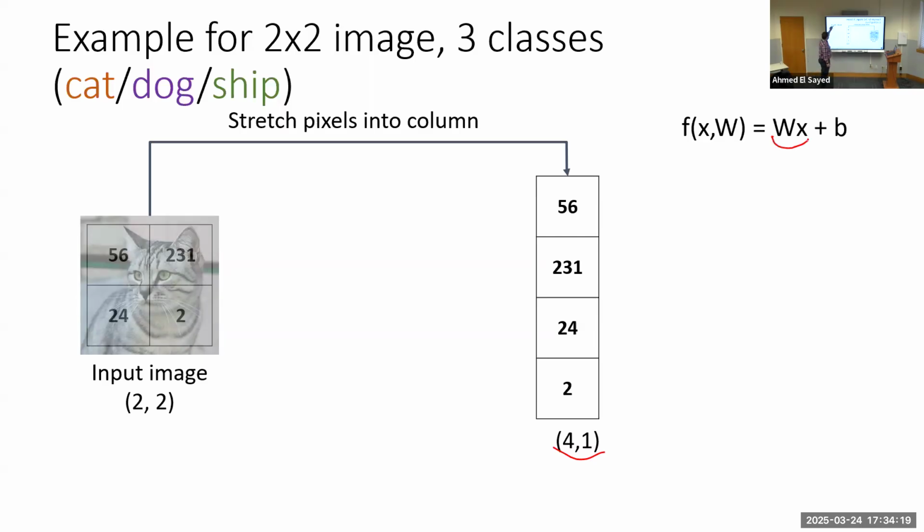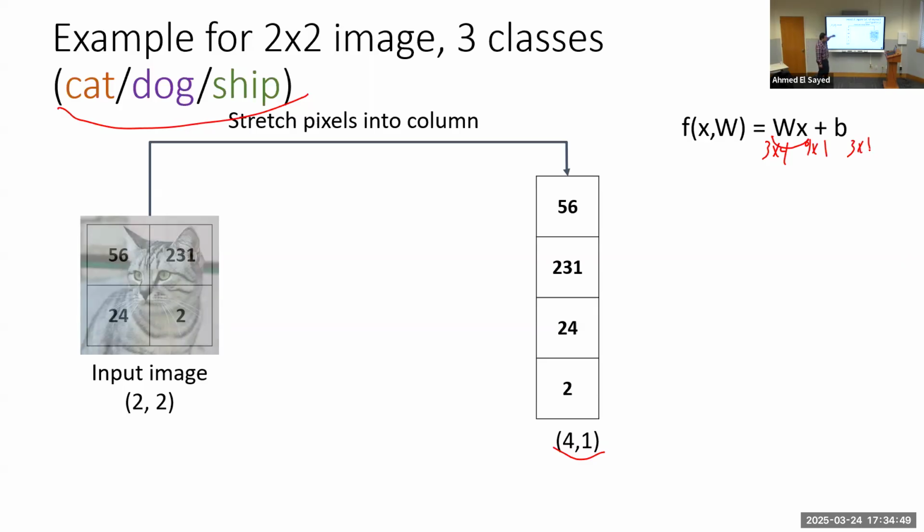According to this definition, I have to have the number of classes. Again, for simplicity, I will consider 3 classes only: cat, dog, sheep. Based on what we have so far, if x is 4 by 1, W will be 3 by 4, and B should be 3 by 1.